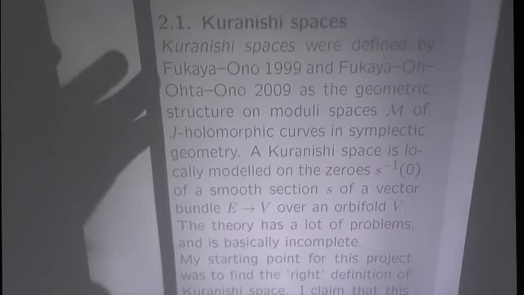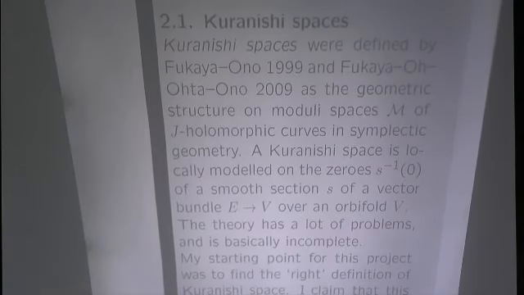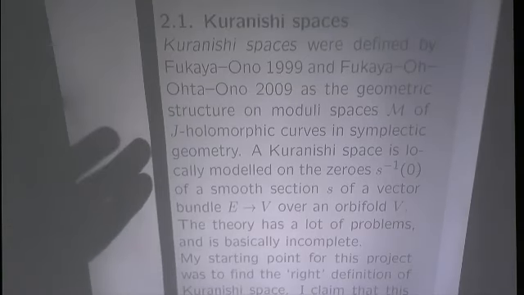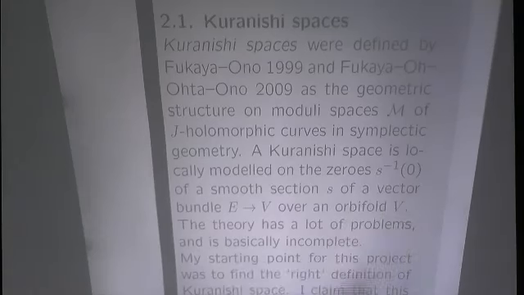So this is the geometric structure they want to put on moduli spaces of J-holomorphic curves in symplectic geometry, where J is some almost complex structure on a symplectic manifold, and you're also interested in holomorphic curves with boundary in some Lagrangian. So the basic idea is that a Kuranishi space is locally modelled on the zeros, s inverse of 0, of a smooth section s of a vector bundle E over some orbifold V.